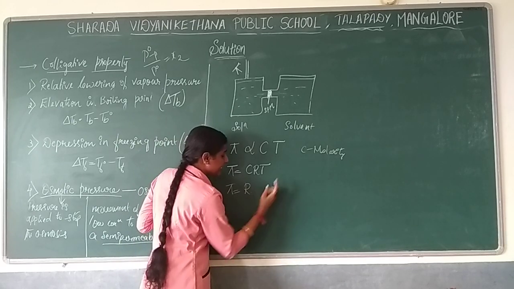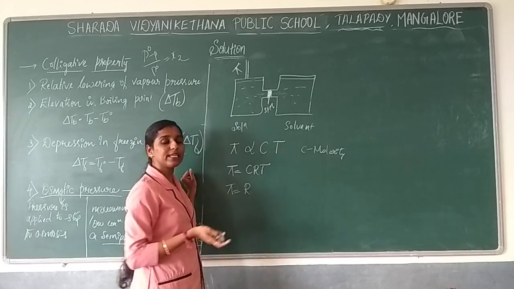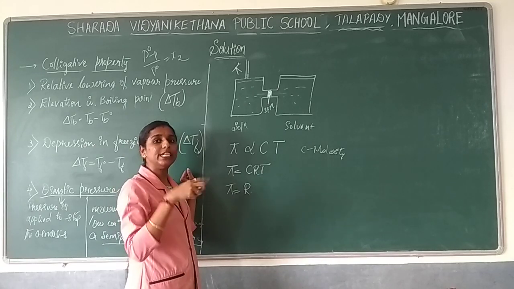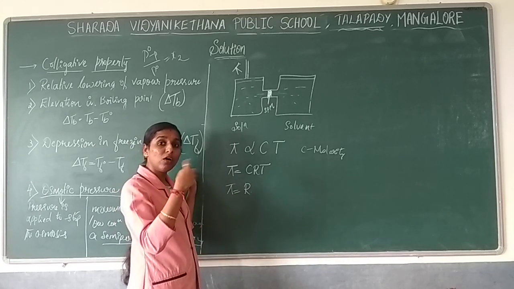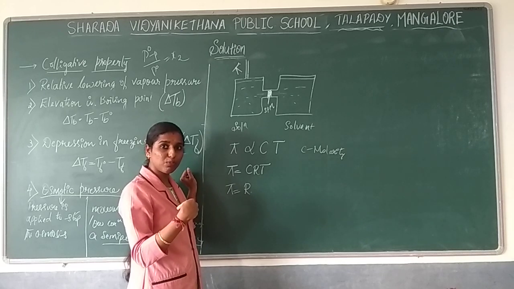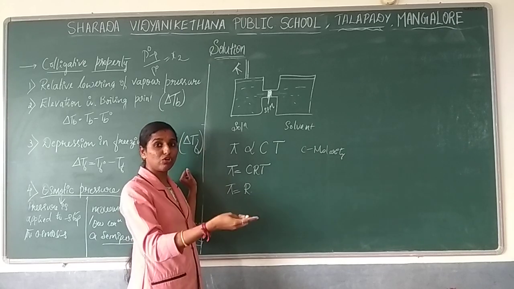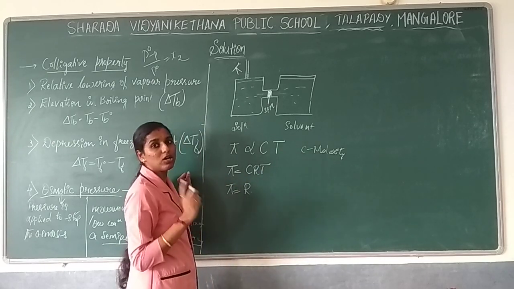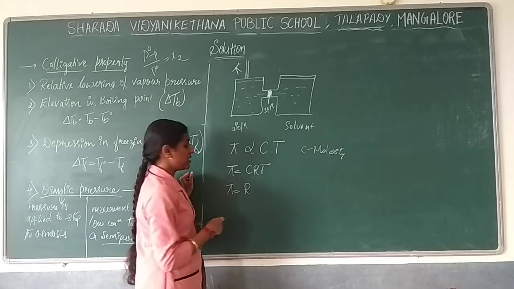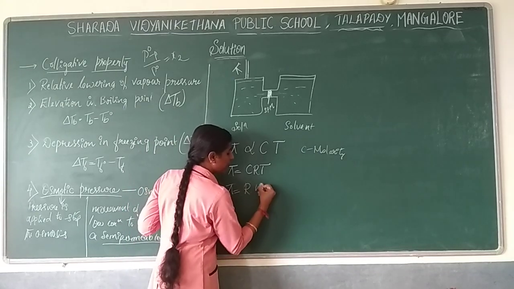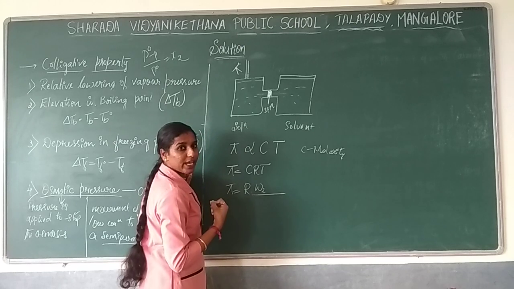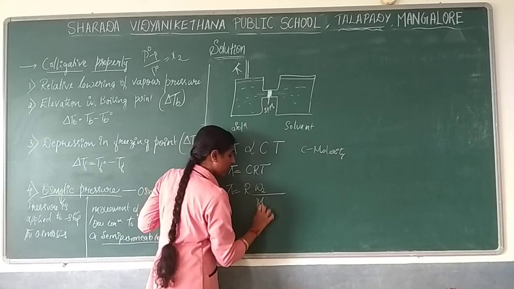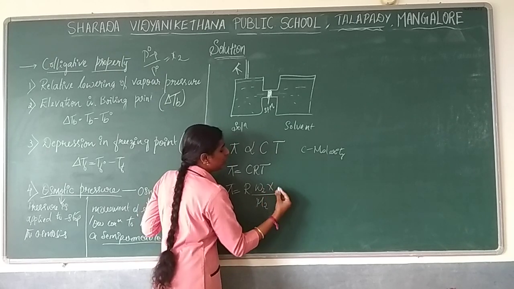Now you can take the molarity formula. Molarity is nothing but the number of moles of solute divided by volume. So concentration term in the sense you are supposed to go with the volume of the solvent. The number of moles we can write as mass by molar mass, W2 by M2, into volume.